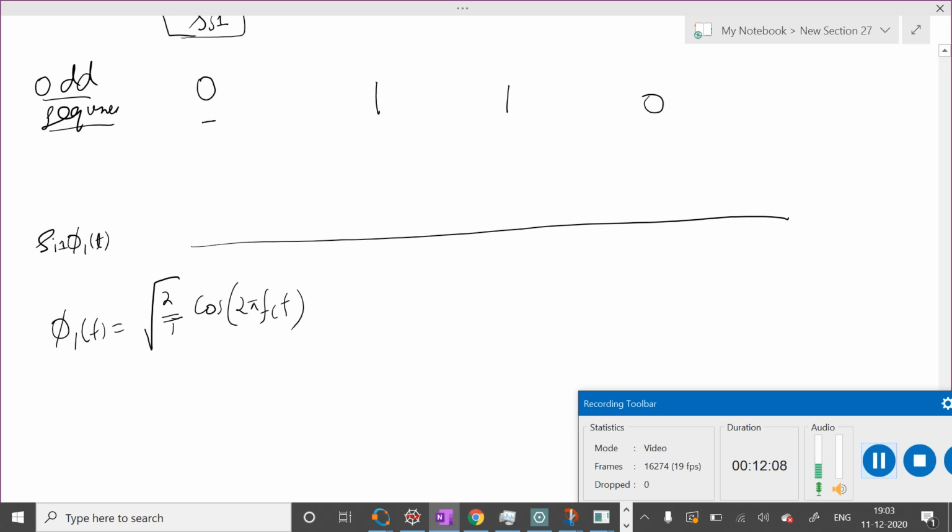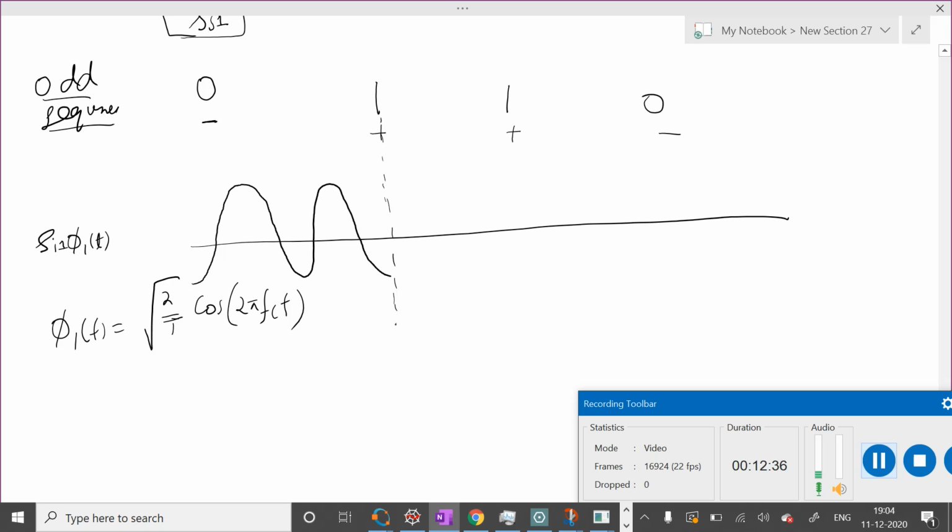So I will write here minus. 1 is represented by plus. This is represented by plus. This by minus, right? Now minus means, see, it is cos. It should actually start from this point, but because it is 0, minus means it will start from this point like this, and end here.